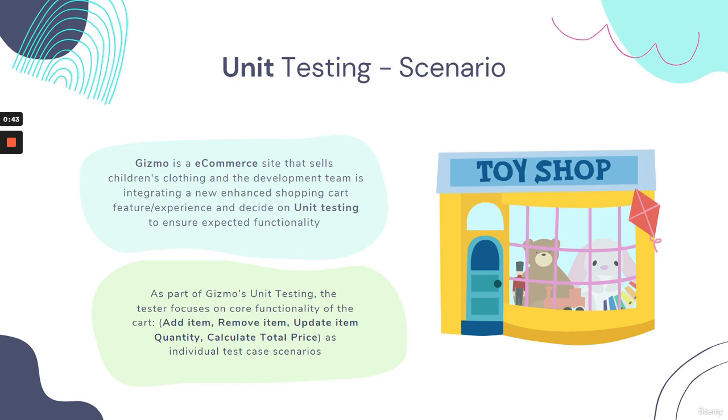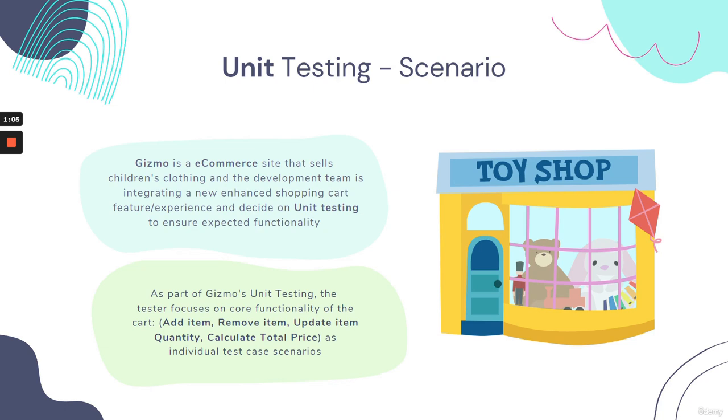Let's look at an example scenario for unit testing. Gizmo is an e-commerce website that sells children's clothing, and the development team is integrating a new enhanced shopping cart feature or experience and decides on doing unit testing to ensure expected functionality.